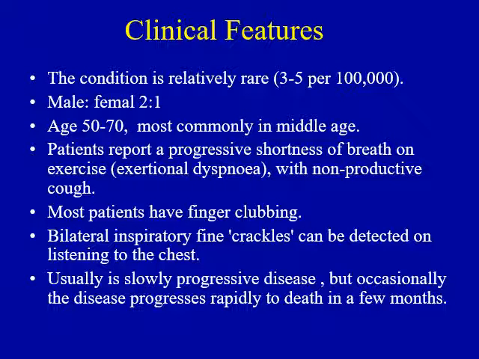The clinical features of idiopathic pulmonary fibrosis. The condition is relatively rare, 3 to 5 per 1,000. Males are affected twice as often as females. The age is usually between 50 and 70, mostly affecting middle-aged and elderly patients. Patients report progressive shortness of breath on exertion, with a non-productive cough.